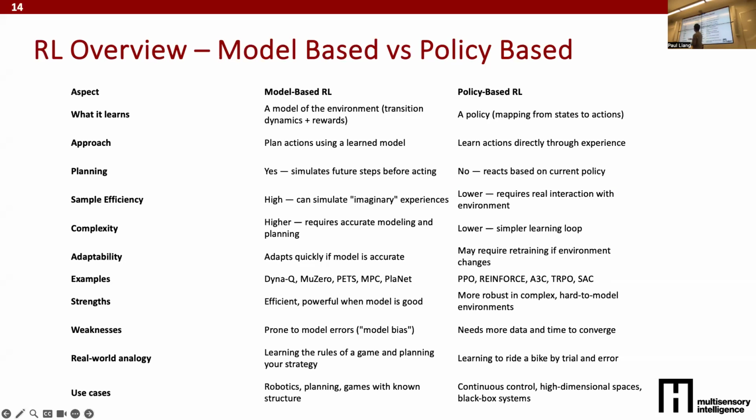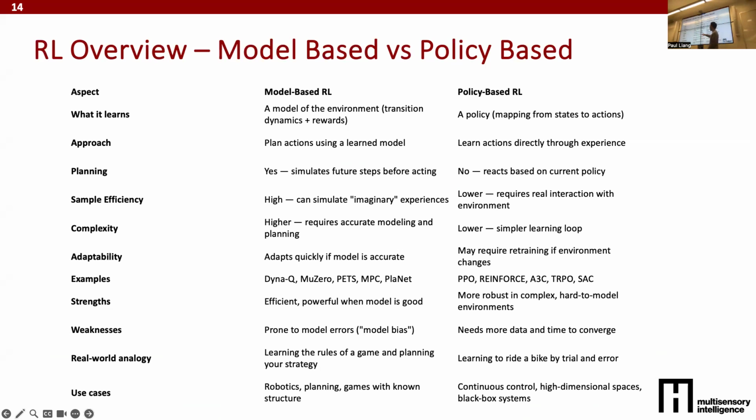And as a result, because model-based RLs learn a model, they are much better for planning. So you can simulate other potential actions by traversing this tree. They're much more sample efficient, but they come at a cost of being more complex. On the other hand, policy-based methods, they don't allow you to do planning. They have much lower sample efficiency, but the training algorithms are typically much easier to implement. And there's a lot more strengths and weaknesses.